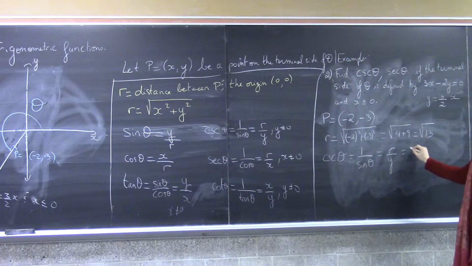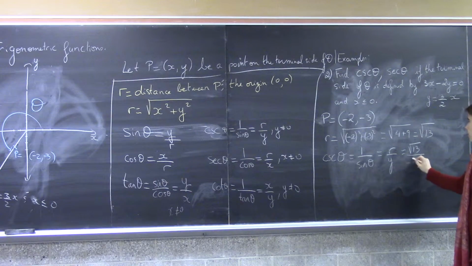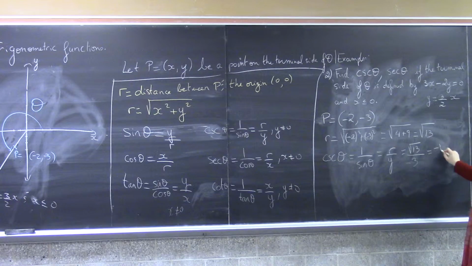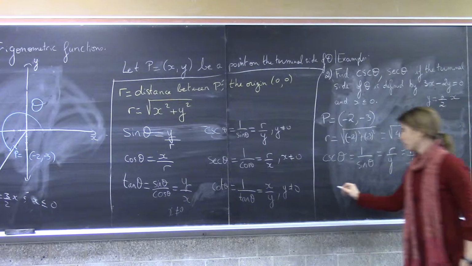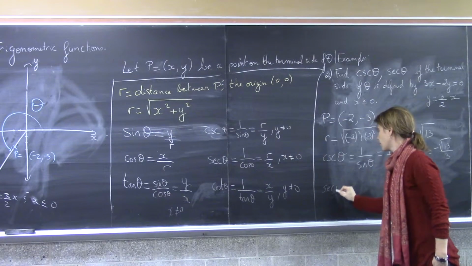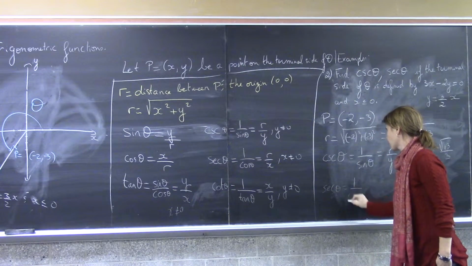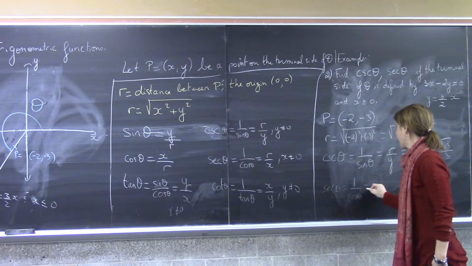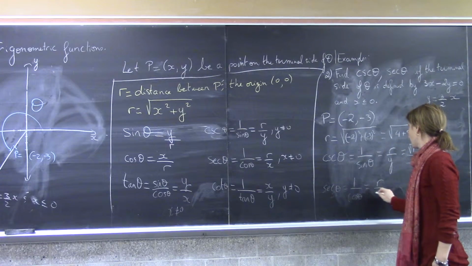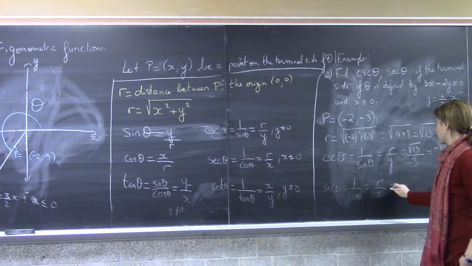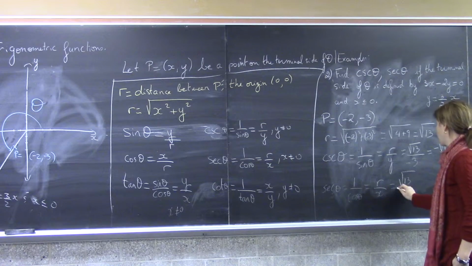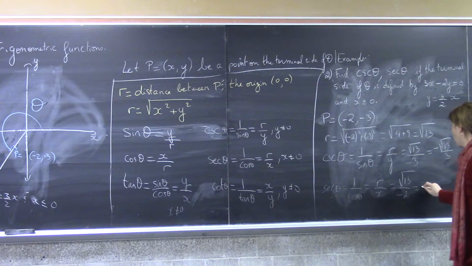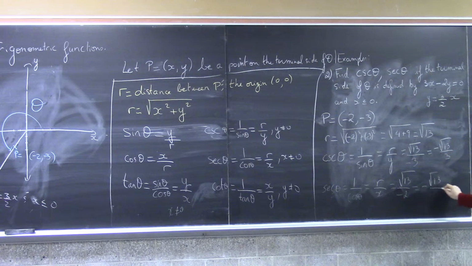Here r was the square root of 13 and y was negative 3, so it's negative square root of 13 over 3. And secant, which is the reciprocal function of cosine, is defined as r over x. So it's the square root of 13 over negative 2, or negative square root of 13 over 2.